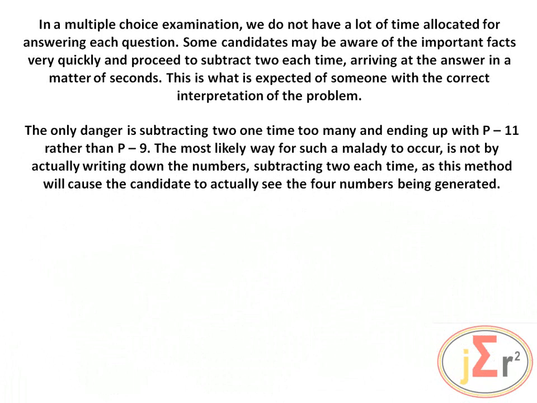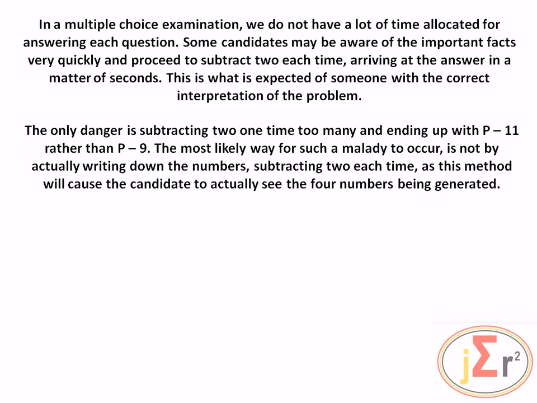The only danger is subtracting 2 one time too many and ending up with p minus 11 rather than p minus 9.